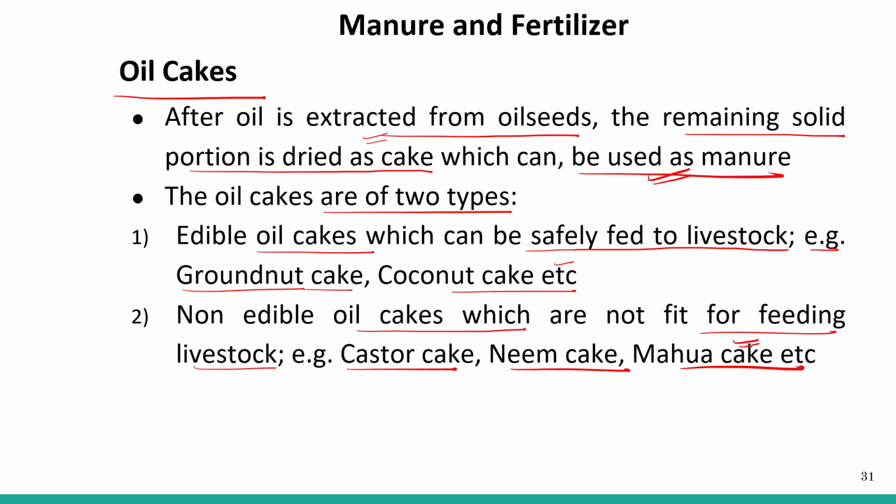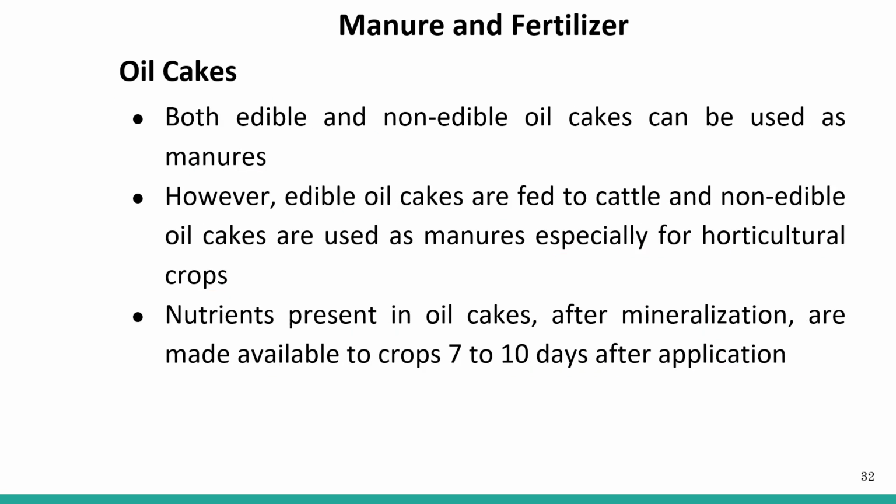So all these oil seed cakes can be used for making manure and fertilizer. Both edible and non-edible oil cakes can be used as manure. However, edible oil cakes are fed to cattle and non-edible oil cakes are used as manure.